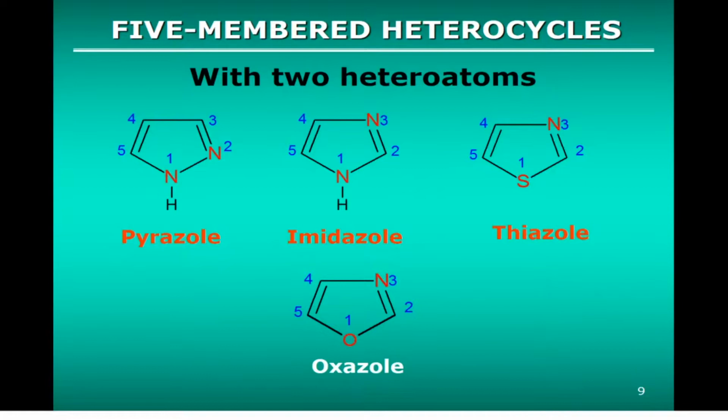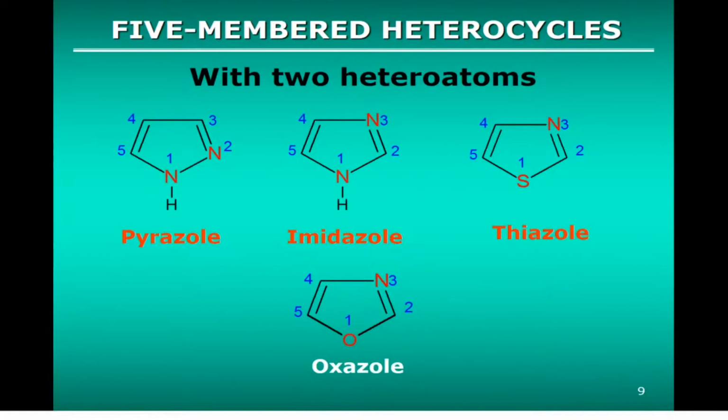Take a look. According to priority order, when we deal with a few heteroatoms, oxygen is the highest, then sulfur, then the pyrrole nitrogen atom, and the last for numbering is the pyridine nitrogen atom. So when we number, we start with the highest-priority heteroatom. Again, heteroatoms are more important for numbering than any functional group.